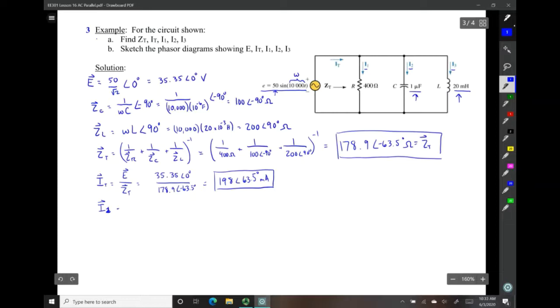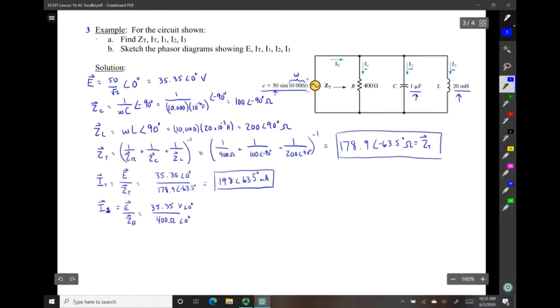But I'm going to go ahead and use Ohm's law. So for I1, I'm going to take complex E divided by Z of R, and that's 35.35 volts divided by 400 ohms, right?